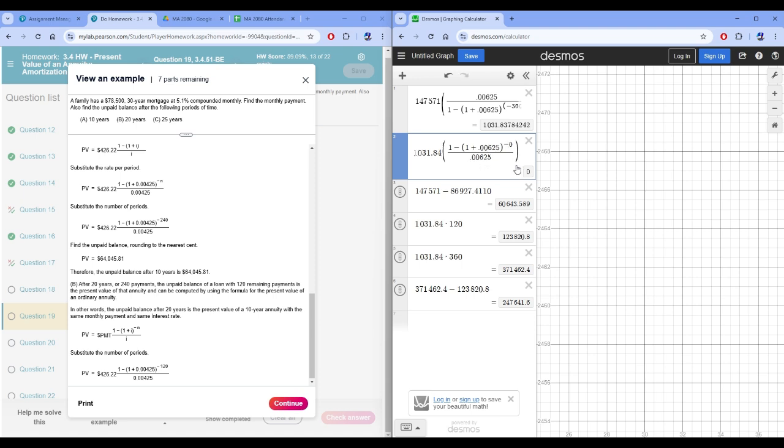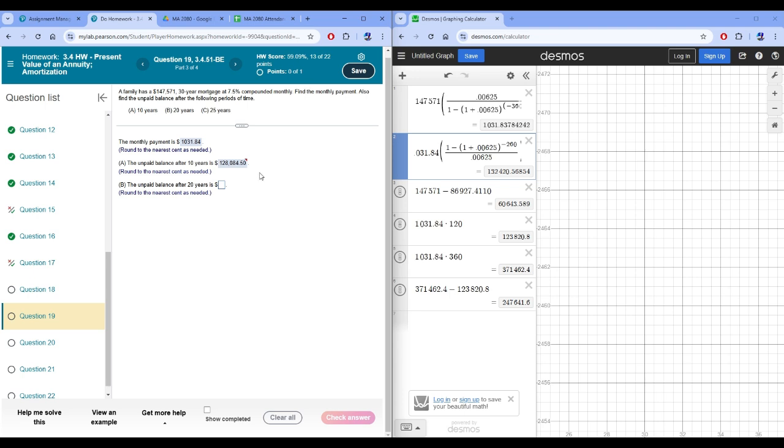It's the 10-year 20. No, because it wasn't 132,000. It was 128,000. It's still off. 7.5. 0.075 divided by 12 is 0.00625 to the negative 240.